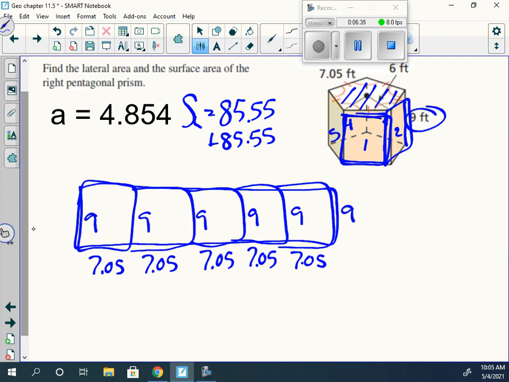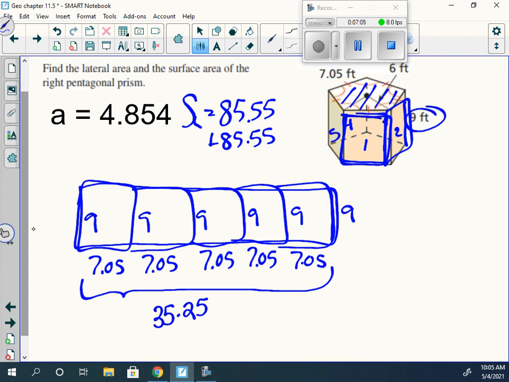So we can either find the area of each one of these and add them all together, or we can add all of these lengths together and multiply it by 9 because it's one rectangle. And if we add them all together, 7, 14, 21, 28, 35, we get 35.25.